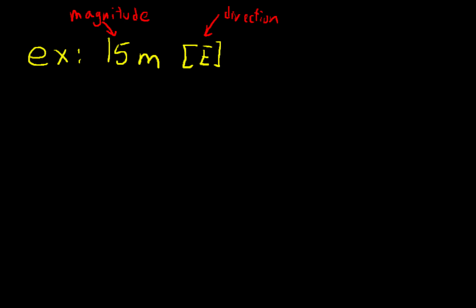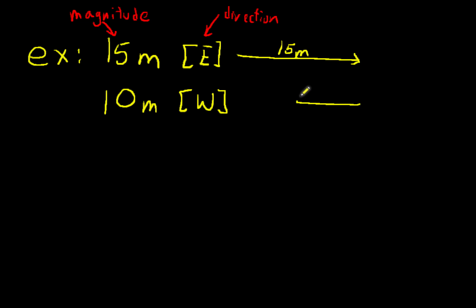We can draw this vector by drawing an arrow that is pointing east and labeling it 15 meters. Now, if another vector was to be drawn that was 10 meters west, it needs to be shorter than the 15-meter vector because 10 is smaller than 15. And 5 meters south would point south and be shorter still because 5 is shorter than 10.